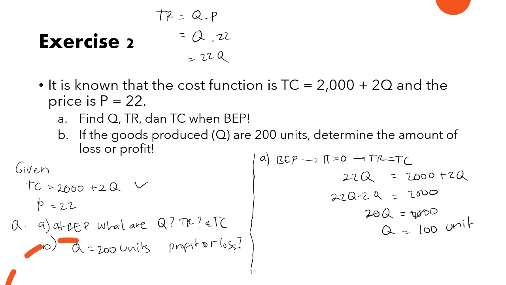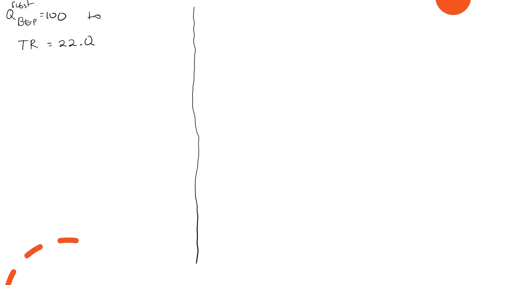What is the TR for Q 100 and TC for 100? Okay, now after we found Q 100, QBEP 100, don't forget to put the name of BEP. Substitute this into TR, which is 22 times Q. So then this is 22 times 100, it's 2200.